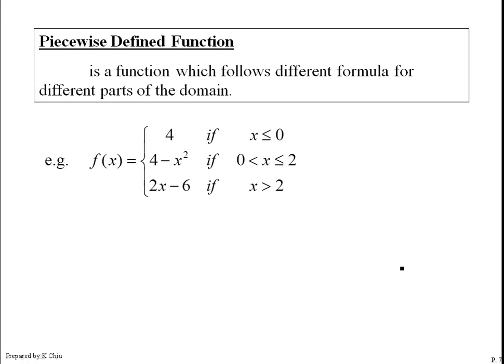If x is between 0 and 2, including the 2, then the function will follow another formula, 4 minus x squared. And when x is bigger than 2, then f of x will equal 2x minus 6. For a different x, we follow a different formula. But note that there is only one function.